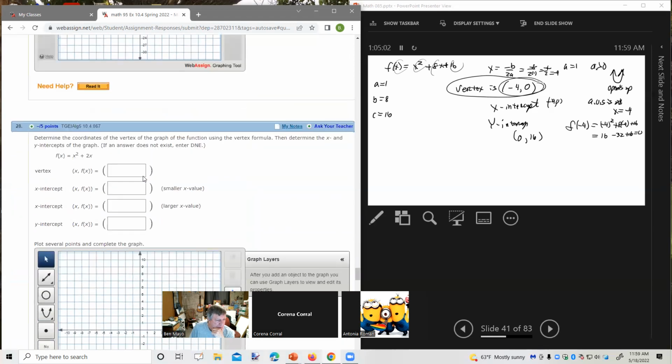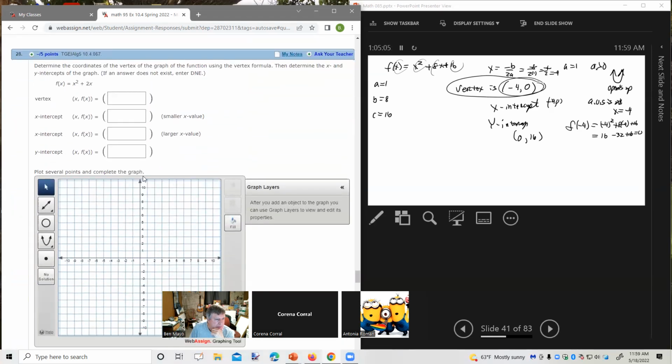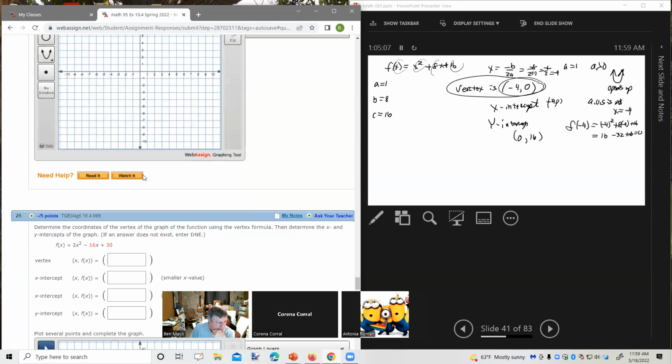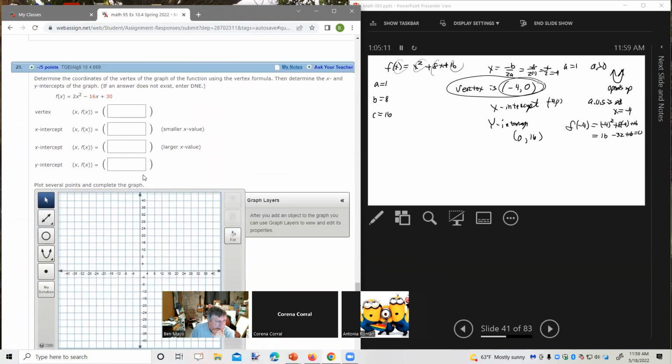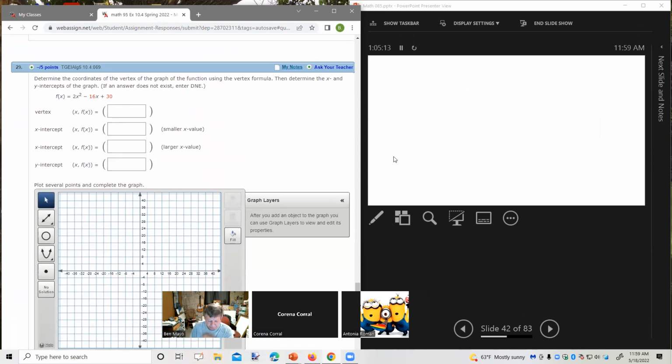Let's find one that has 2 x-intercepts. Let's do this one. f of x equals 2x squared minus 16x plus 30. So A is 2, B is -16, and C is 30.